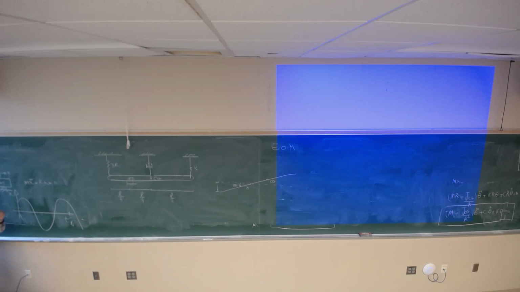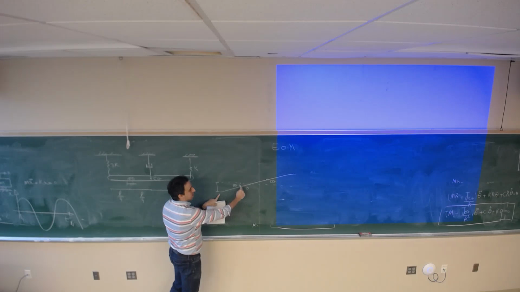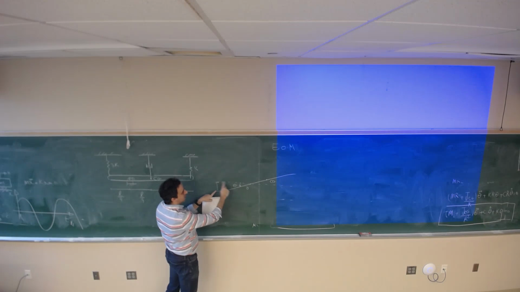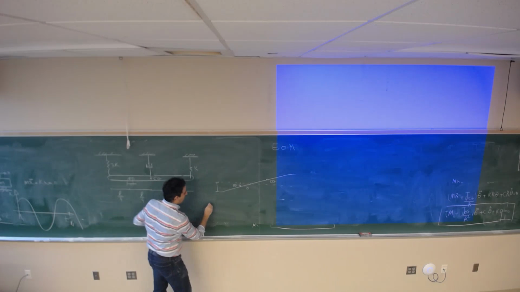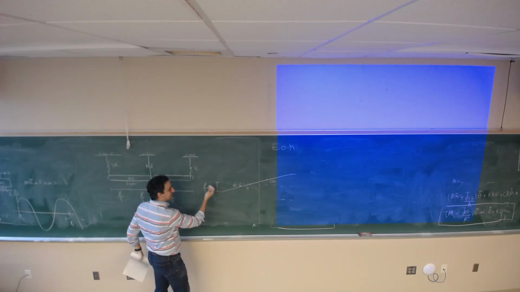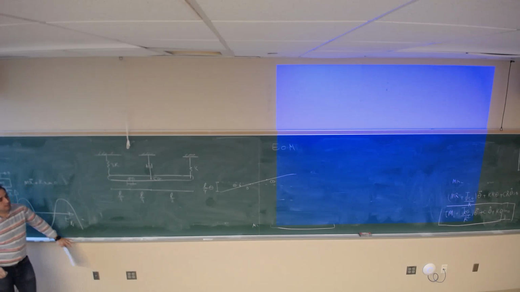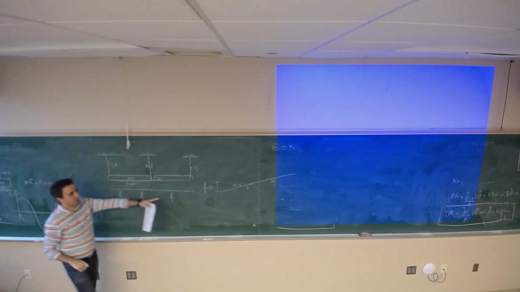L over 4, which is this, times sine of theta. You will get this. So L over 4, and since theta is small, sine of theta can be approximated by theta.